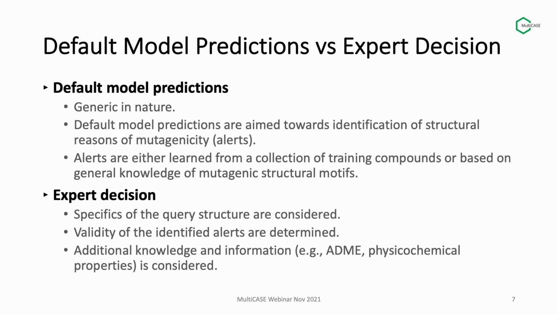For example, ADME parameters or information about the physical-chemical properties of a chemical are considered. So default model predictions are generic in nature. Their main goal is to identify alerts, but in the case of expert decision, we specifically focus on the query structure that is in question.